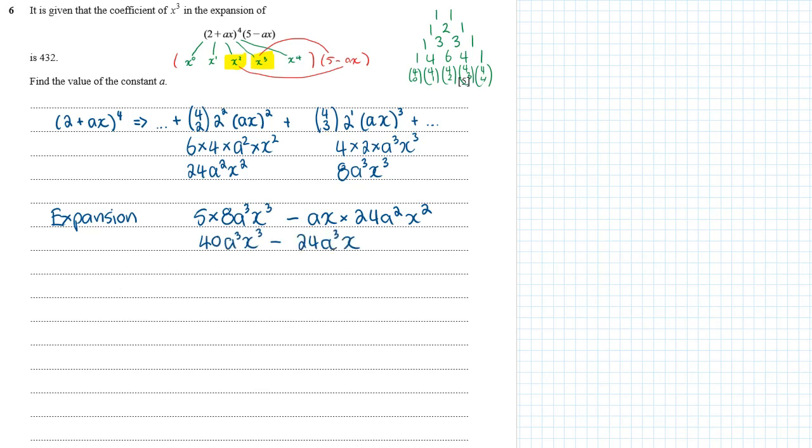Simplifying and then factorizing the x cubed, putting the coefficients together, we end up with 16a cubed x cubed. Now they told us the coefficient of the x cubed term is equal to 432, and so we have to just solve this for a, divide by 16, and we'll get a equals 3.